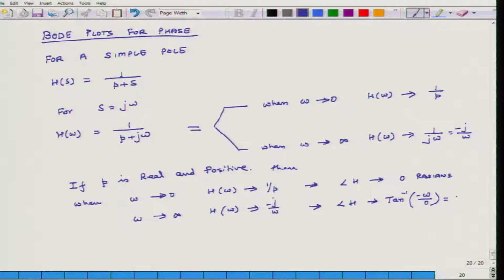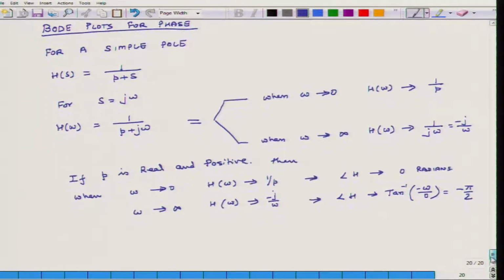So, this is equal to minus pi over 2. But remember, this is true only if p is real and positive. If p is complex, then these things could change.